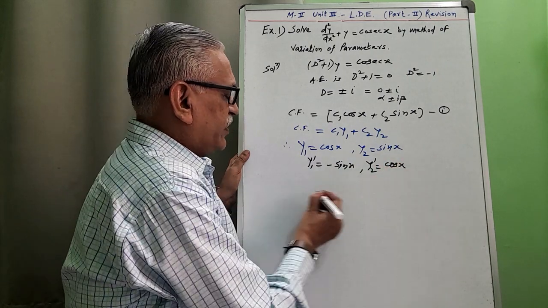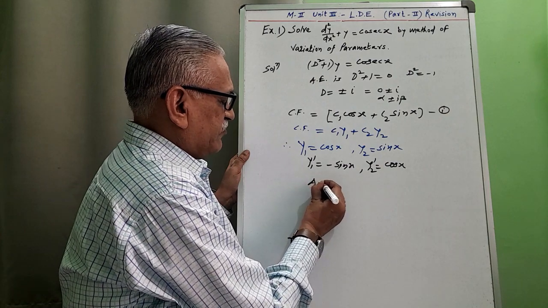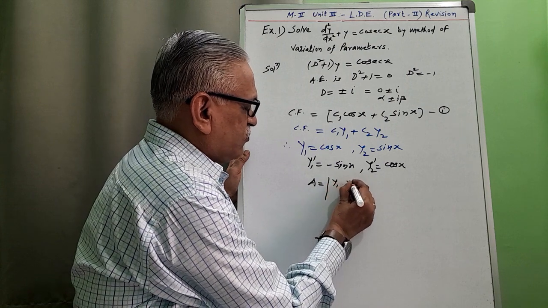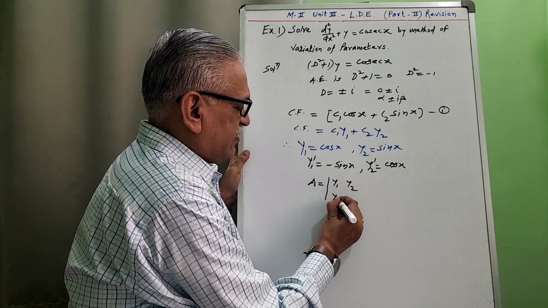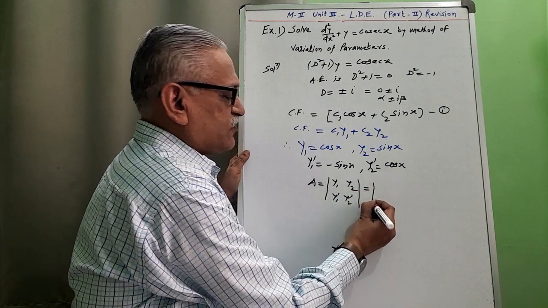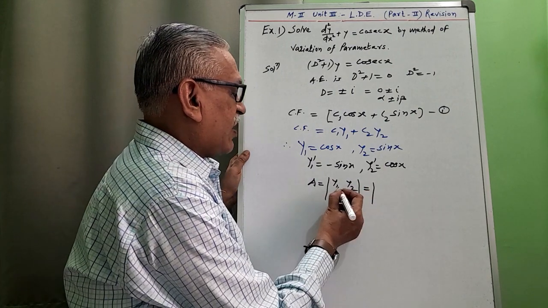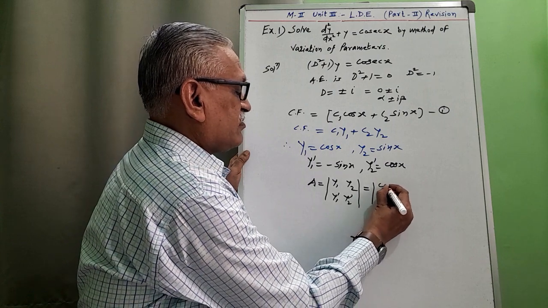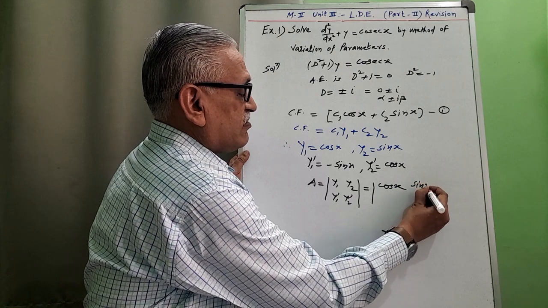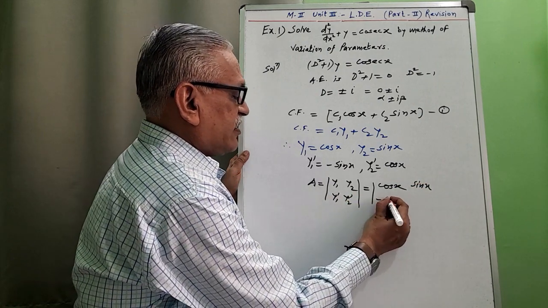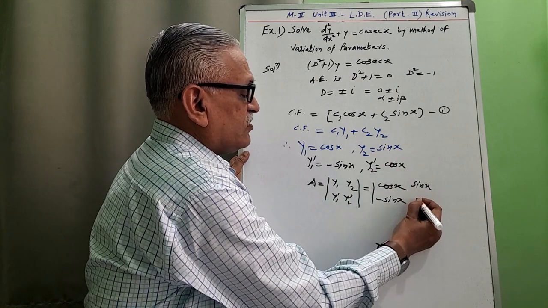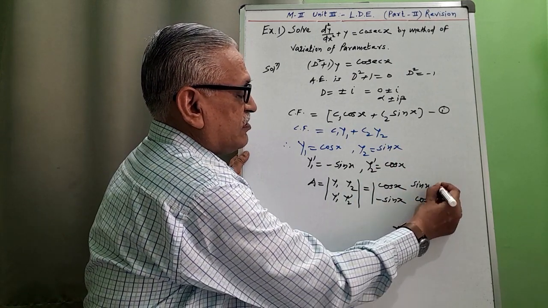And then we determine the value of A. It is the determinant of y1 y2 and y1 dash y2 dash, determinant of these four values. Substituting the values, y1 is cos x, y2 is sin x, y1 dash is minus sin x, and y2 dash is cos x.